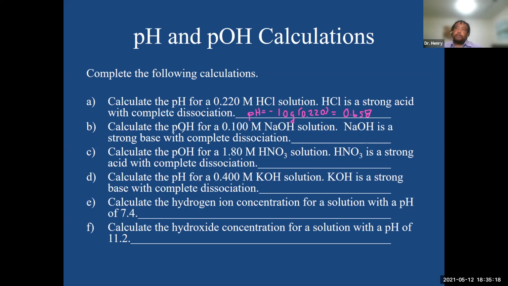Okay, calculate the pOH for 0.100 sodium hydroxide. So wouldn't you just take the negative log of that number? Okay.